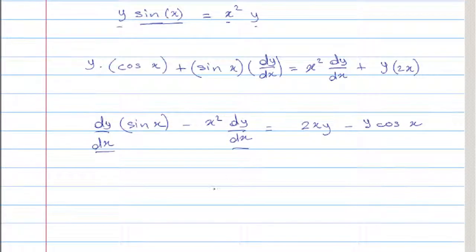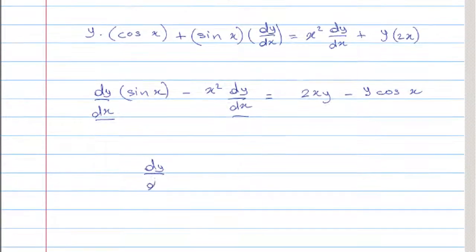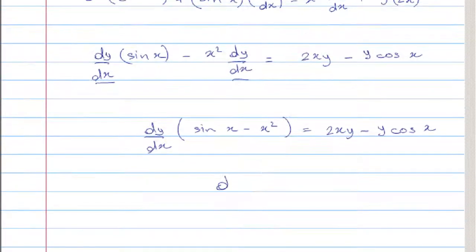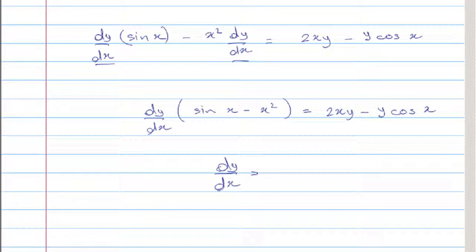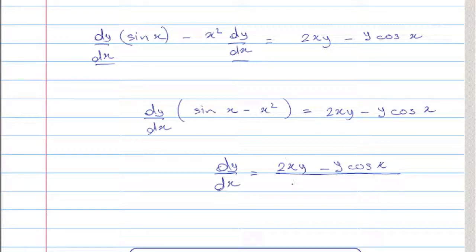Dy over dx is a common factor, so I'll take that common factor out and write that as dy over dx times sine x minus x squared is equal to 2xy minus y cos x. So dy over dx would be equal to 2xy minus y cos x divided by sine x minus x squared.